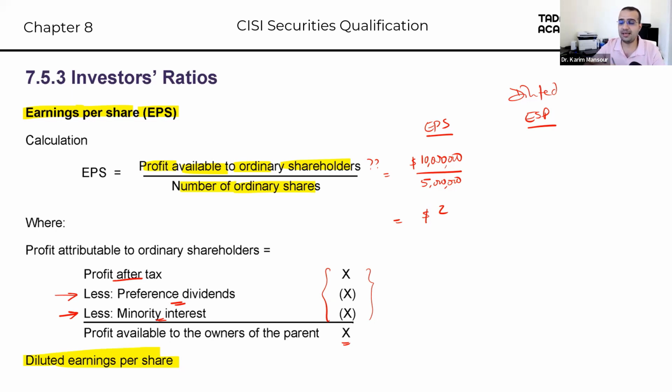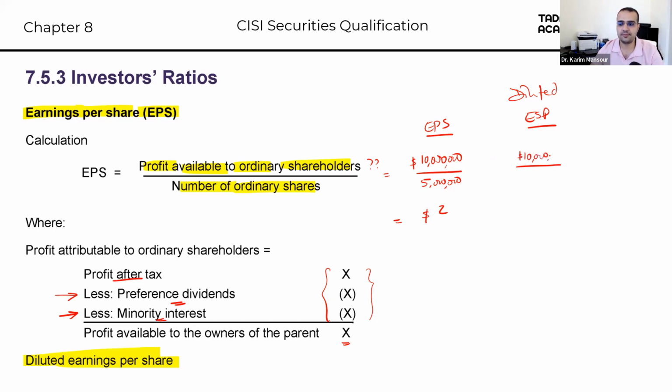That means the company might have to issue new shares as a commitment for these convertible bonds or warrants. In that case, if these bondholders or warrant holders decide to exercise their right, then the company will have to issue new shares.